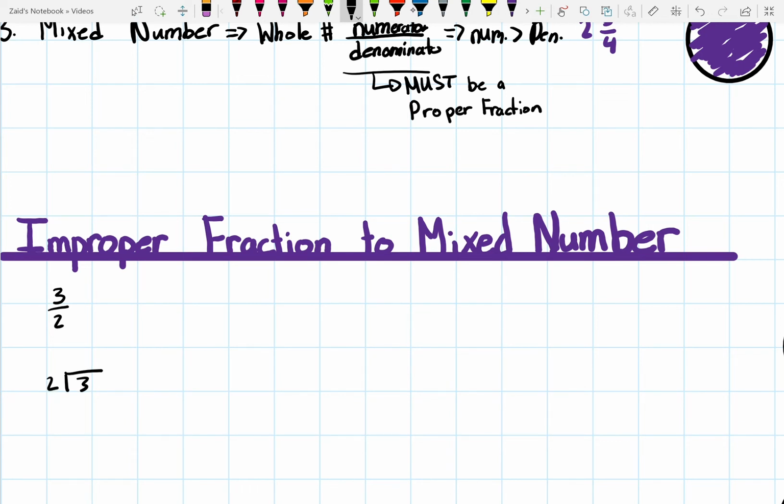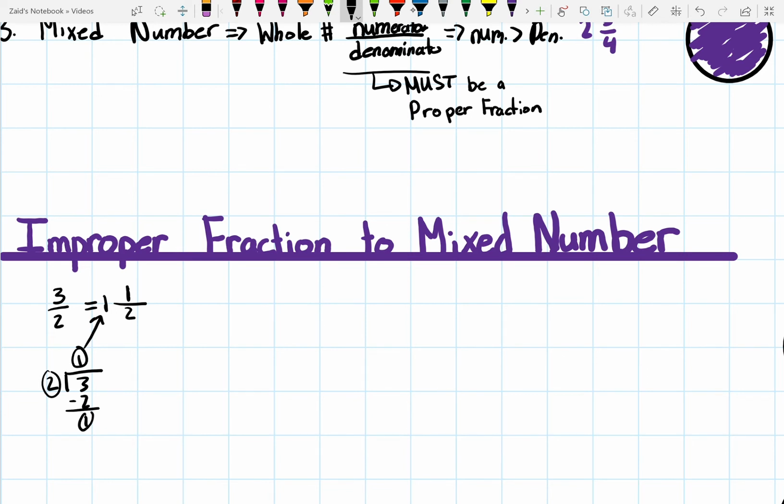We put 2 here, we get 1 up here, subtract, and we get a remainder of 1. So our mixed number should be 1 from this quotient, and then 1 from the remainder, and 2 from the divisor, because it stays as the denominator.